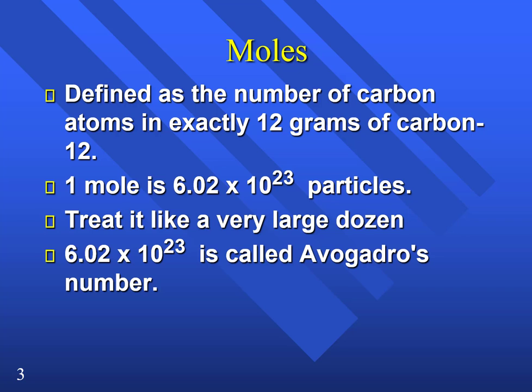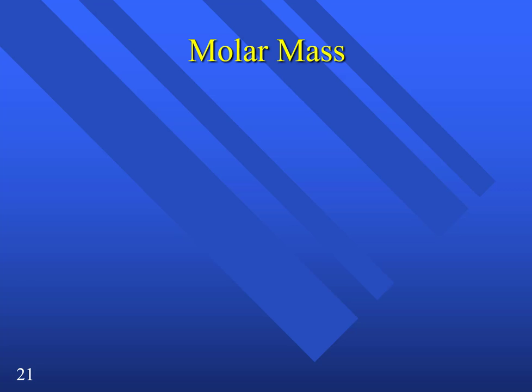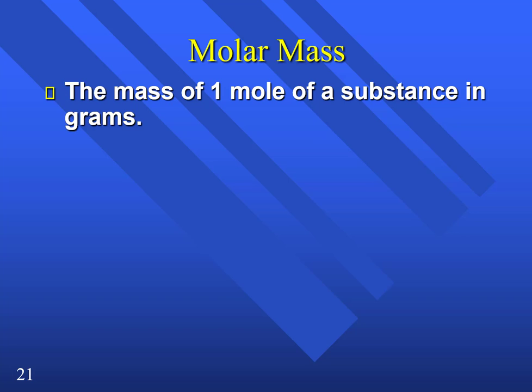Okay, so is counting an option? No, counting's not an option. So in order to get that number of atoms, we're going to use something called molar mass. And it is the mass of a mole. The molar mass.